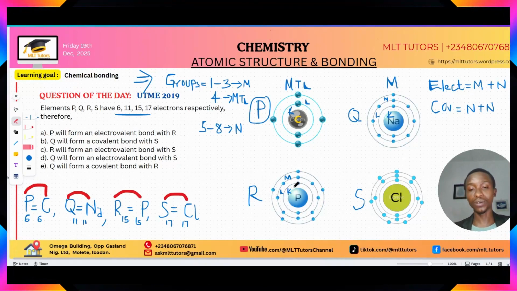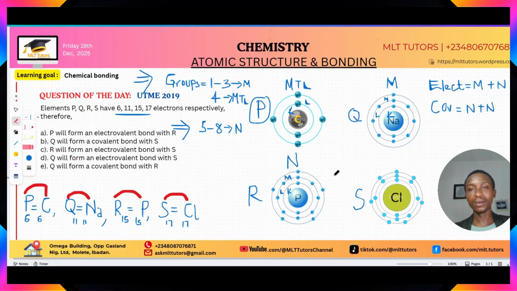That means the valence electron is 5. We have established that the number of valence electrons determines the group an element belongs to. Now these are 5 electrons, that means it belongs to group 5. And we have established that elements from group 5 to 8 are non-metals. So R is a non-metal, which is represented by the letter N.